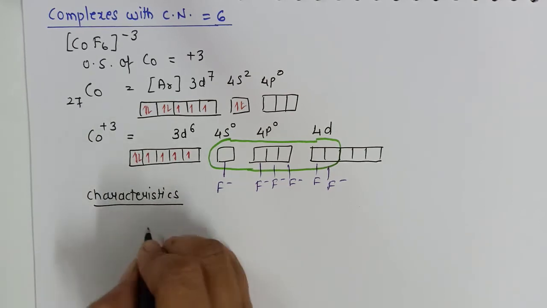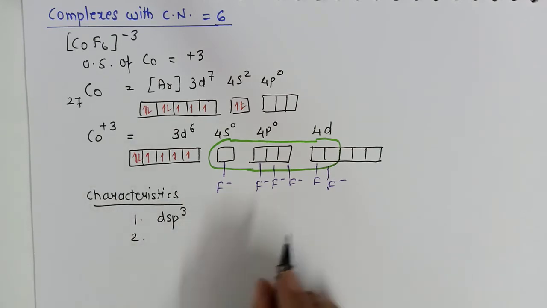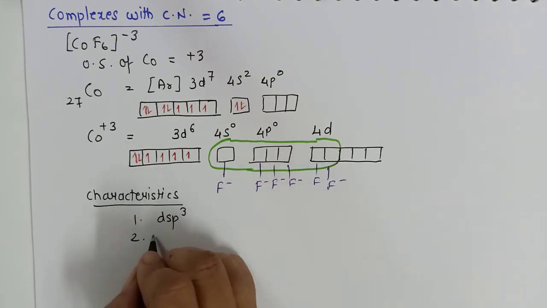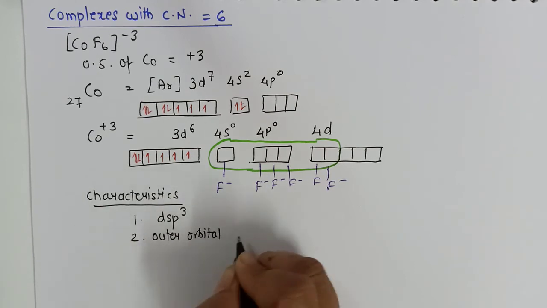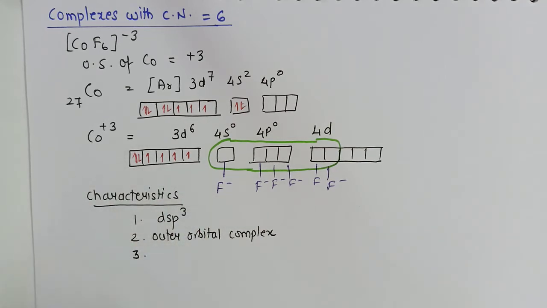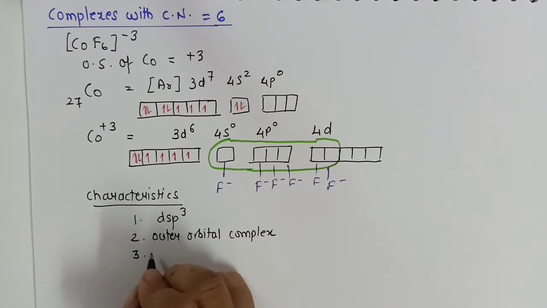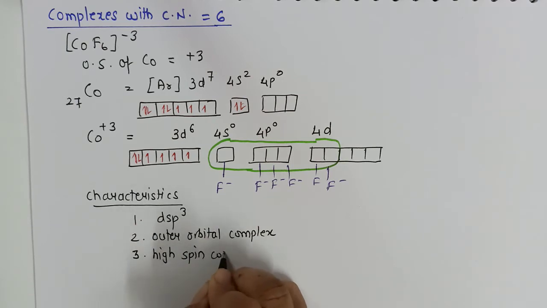So what are the characteristics? It's an sp3d2 hybridization, and since it has used outer d orbital, I will say it is an outer orbital complex. The presence of 4 unpaired electrons creates a high magnetic moment. If you calculate its mu, it will be very high, and therefore I will say it's a high spin complex.